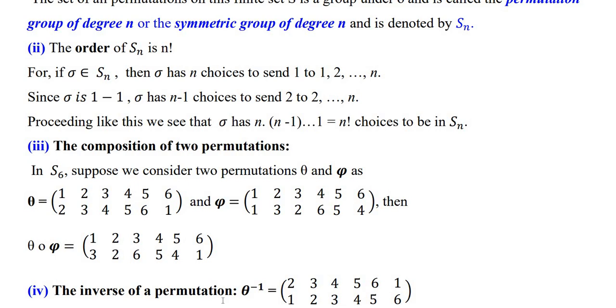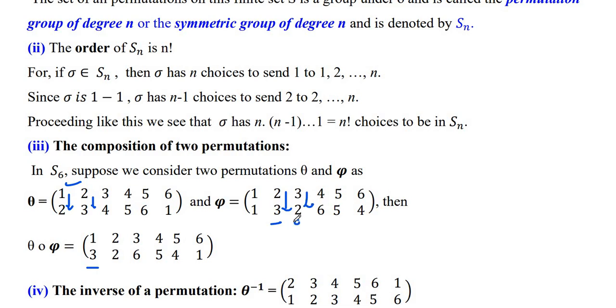When we consider the operation, we go from left to right. See, 1 is taken to 2 and here 2 is taken to 3. So that means 1 is taken to 3. Similarly, 2 is taken to 3 and here 3 is taken to 2.